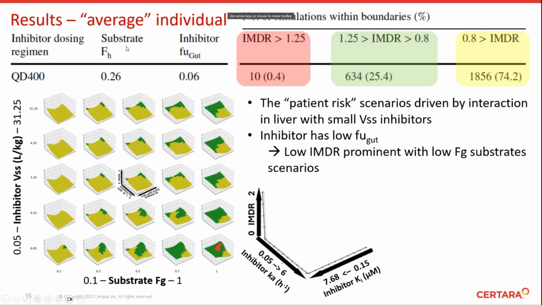There is considerable first pass of the substrate in the liver, so it is a high clearance compound, and the inhibitor FU gut is low, so the dynamic simulations will predict fairly low inhibition in the gut wall.